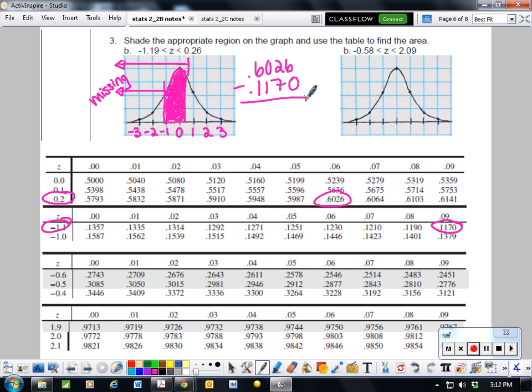And that's going to give me 0.4856. So 48.56% of our values will lie in that region.